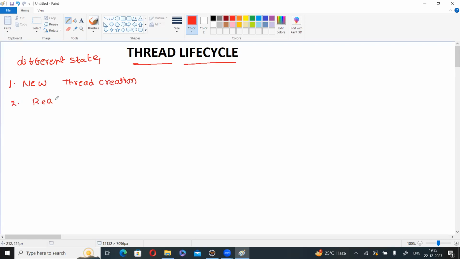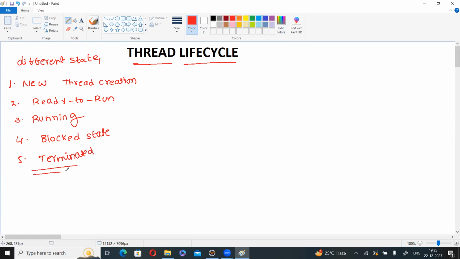Next one is ready to run state. Next one is running state. The next one is thread blocked state and terminated. These are the different states of a thread life cycle. Now, we will discuss one by one.